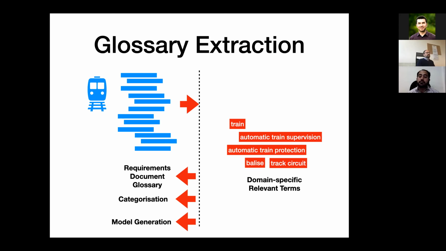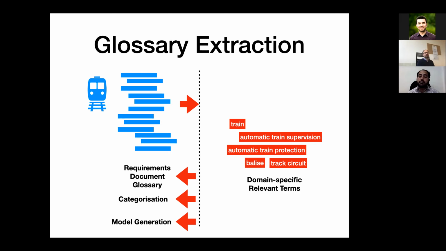Another task, still in our quick trip, is glossary extraction. Glossary extraction and in general relevant term extraction from documents.